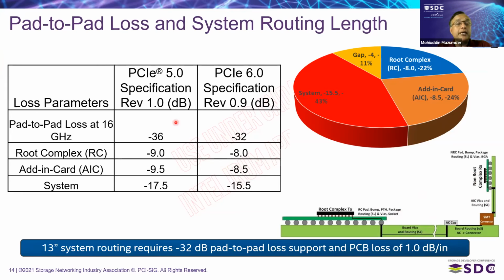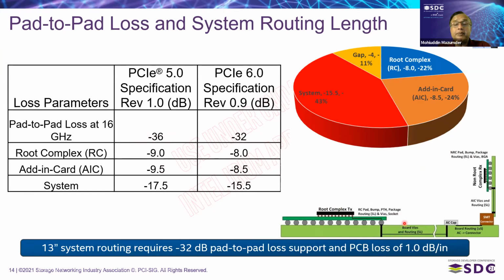What we are showing in this table is that in PCIe 5.0, the total loss budget is 36 dB. The root complex, which could be the CPU or a switch, takes about 9 dB in 5.0. The add-in card, which doesn't include the connector here, is about 9.5 dB.